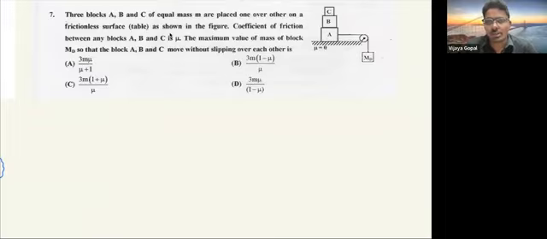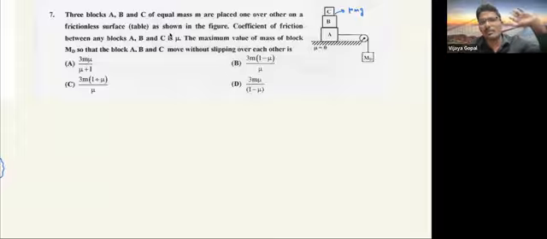When slipping occurs, they're on the verge of relative motion. At the verge of relative motion, when they're about to move, what friction value will come in between those two? Obviously limiting friction. So mu mg will be the maximum friction.